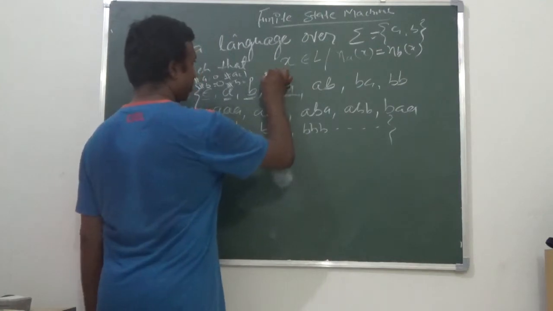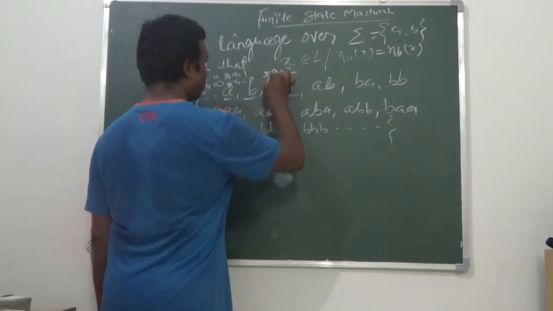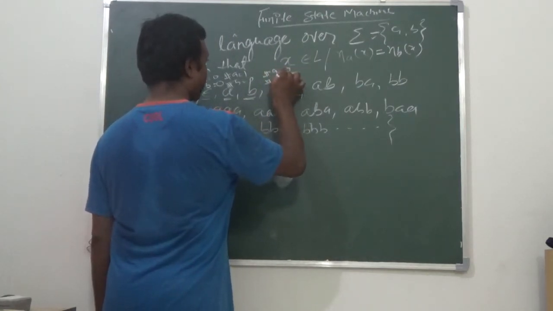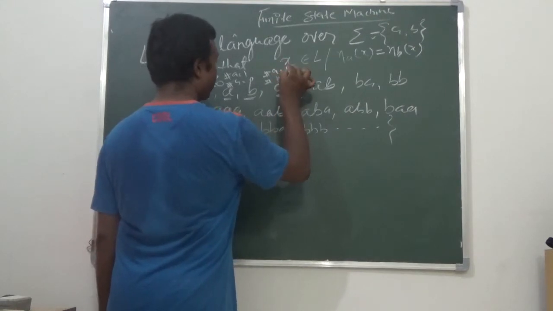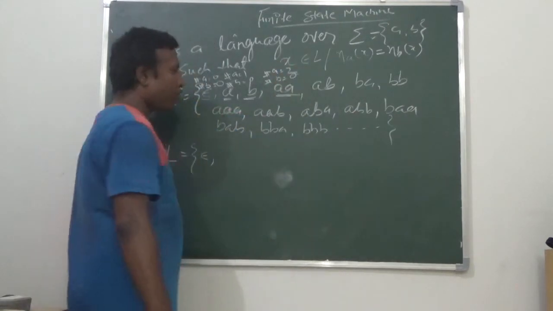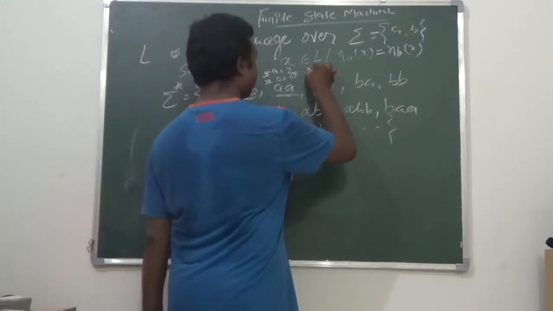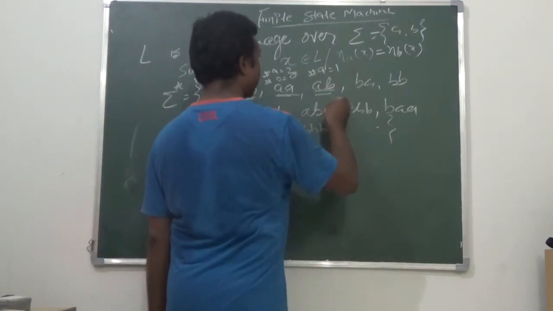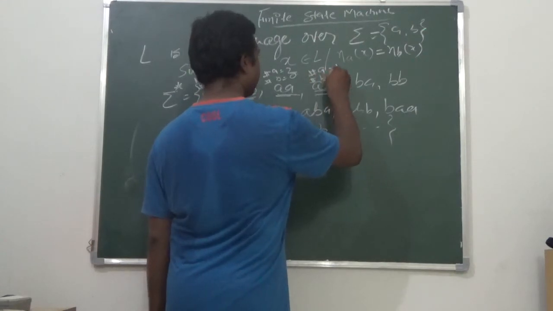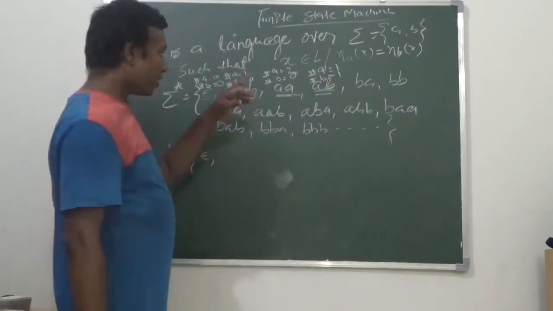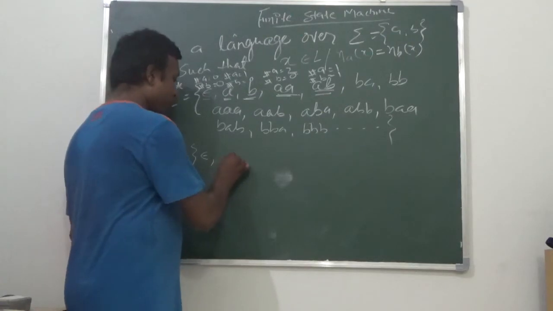AA, the number of A equal to 2, the number of B equal to 0. Both are unequal, so we are not going to add it. Here the number of A equal to 1, the number of B equal to 1. Both are equal now, so we are going to add it.